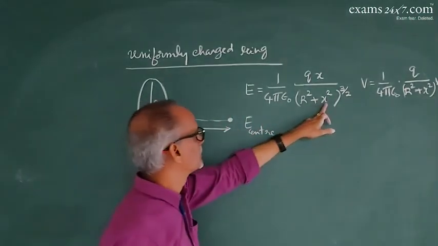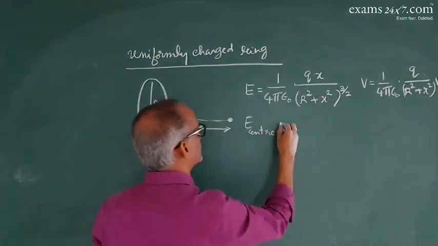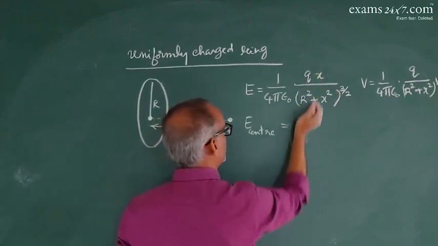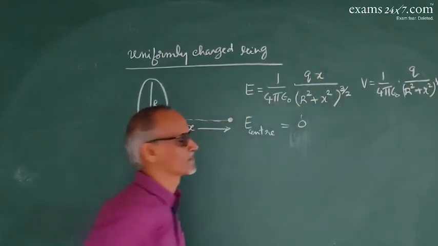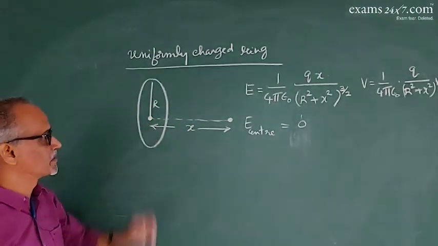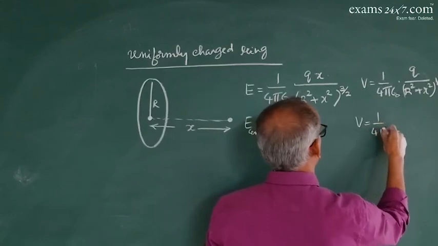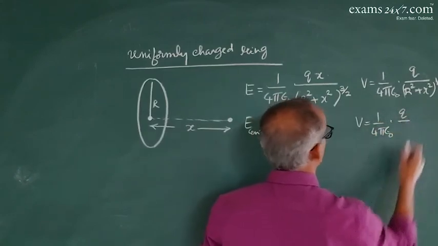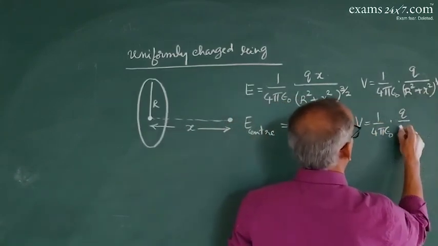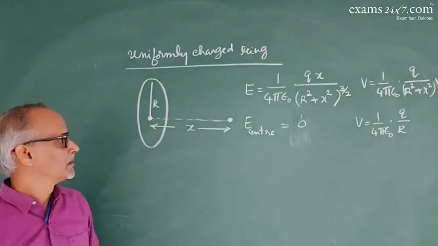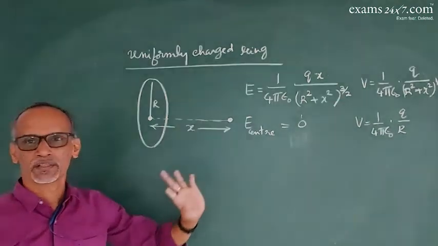So x becomes 0, therefore the field also becomes 0. We don't have to write the other terms. So the electric field at the center is 0. But the potential is not 0. It is given by V equal to 1 by 4 pi epsilon naught Q by R, because x becomes 0 and R² to the power half is R. So the field is 0 but the potential is not 0.